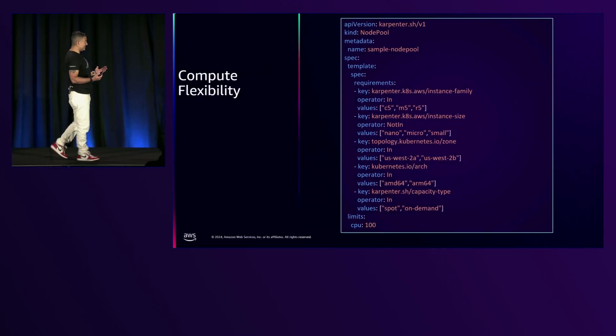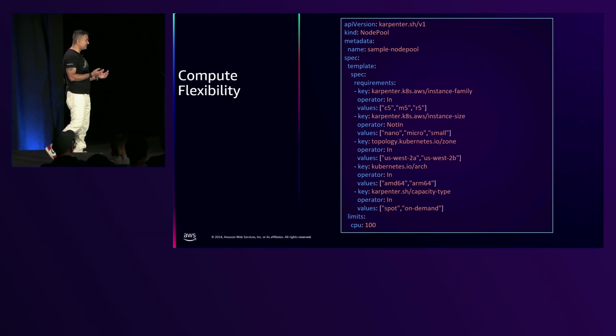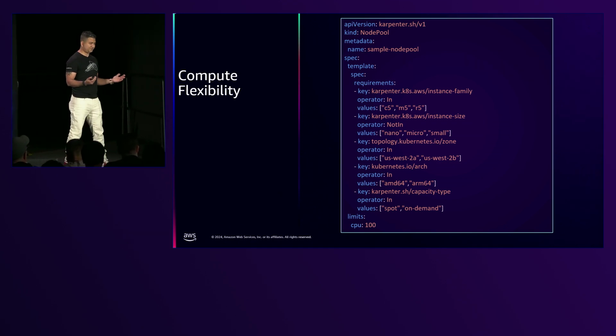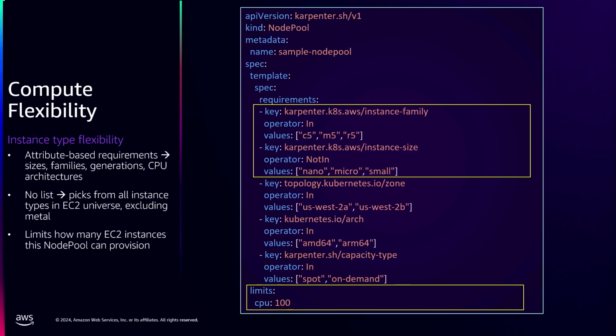So the first question is, how do I control which EC2s Karpenter spins up? Well, remember we talked about the node_pool YAML? So this is a sample node_pool YAML. Using this node_pool YAML, you can control how Karpenter behaves.